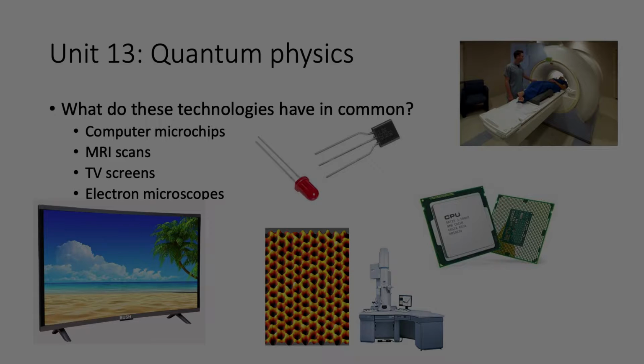So computer microchips, the CPUs in your computer, in fact any integrated circuit, medical imaging techniques such as MRI scans, the way that TV screens work, and electron microscopes all depend on this quantum behavior at a small scale, which is quite counterintuitive, some of the ideas, but they certainly underpin these technologies which transformed the 20th and will continue to transform the 21st century.